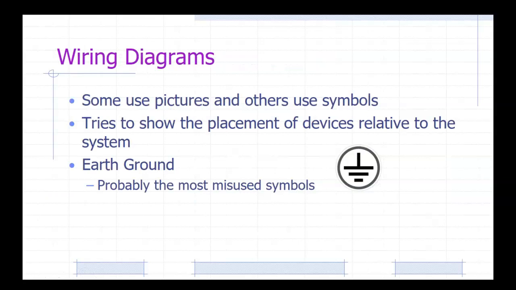So wiring diagrams. Some use pictures, others use symbols. It really depends on what the application is. You want to try and show placement of devices relative to the system, but is that always possible?